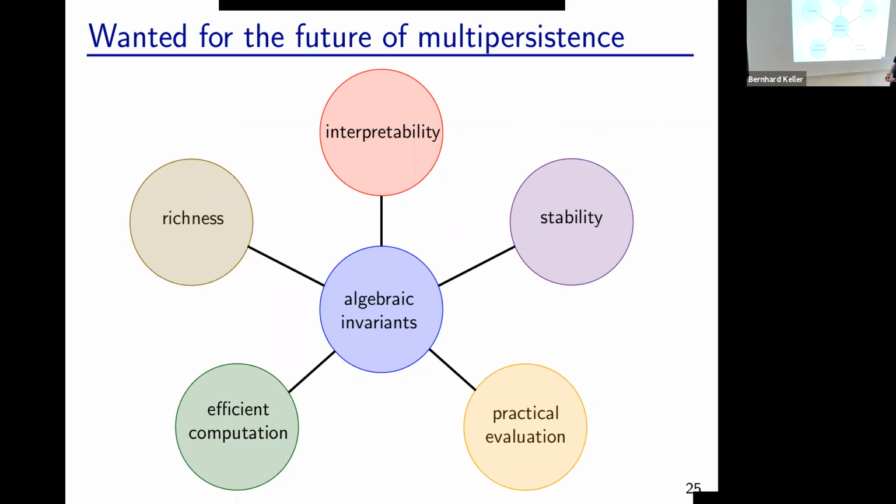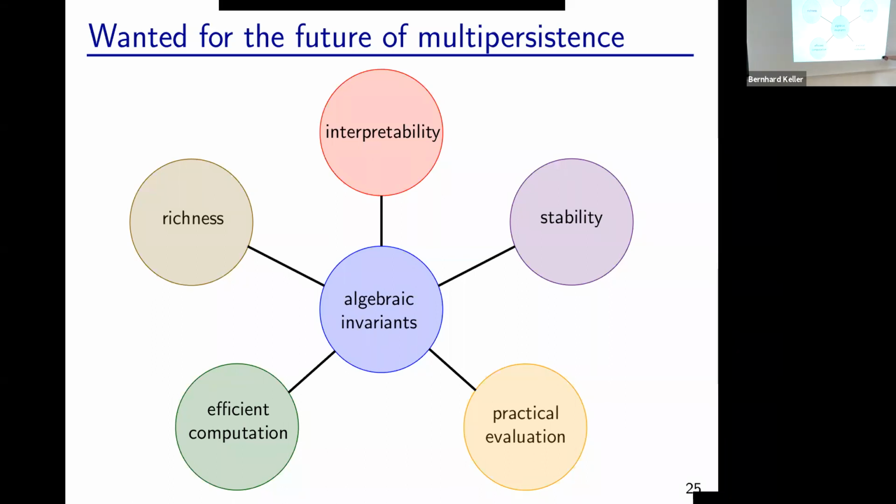But it's always a trade-off between richness and efficiency of computation. If your invariant is not computable, then I will not be able to exploit it. We also want it to be stable, because otherwise we will have a hard time doing any kind of statistics with it. And ideally, your invariant should be interpretable for data exploration.